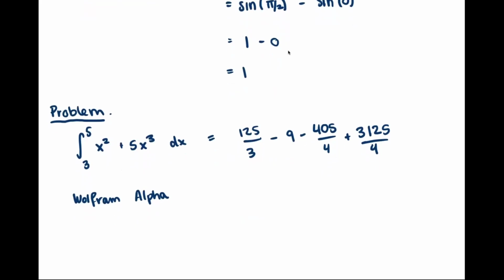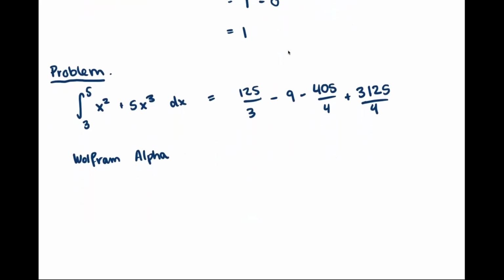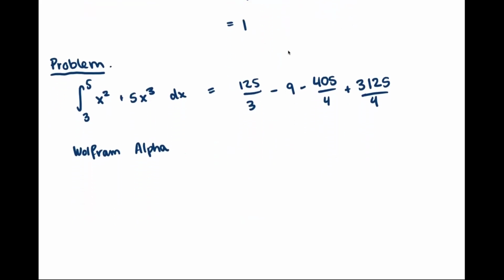Okay, let me just summarize some of the information from the two fundamental theorems of calculus. You can think of the derivative and the integral as being inverse processes in the following sense.